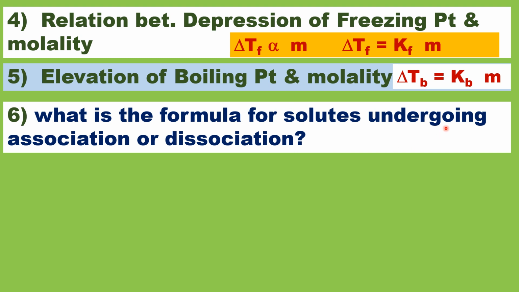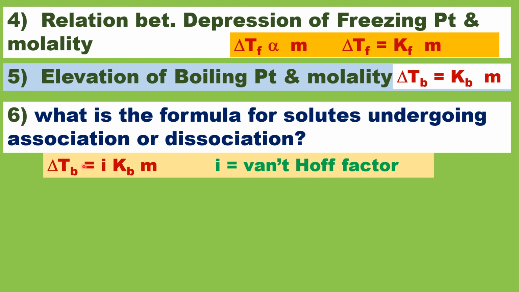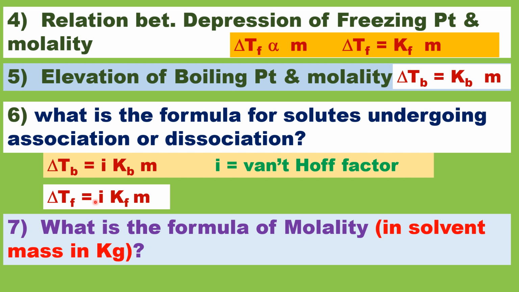For solutes undergoing association or dissociation, the below formula is used, that is delta Tb, elevation of boiling point, increasing boiling point, is equal to i Kb m, where i equals the Van't Hoff factor. Similarly, for depression of freezing point, delTf equal to i Kf m. Now, in this formula, m is molality.